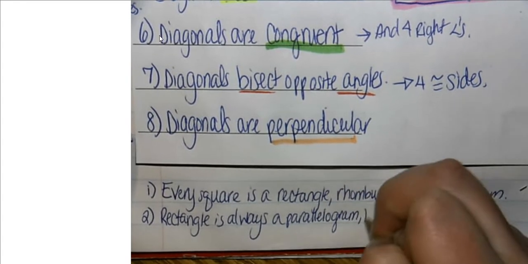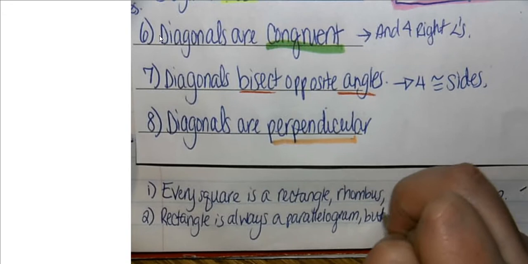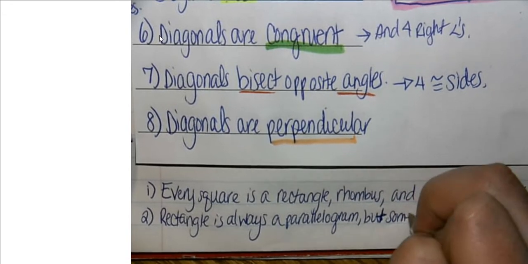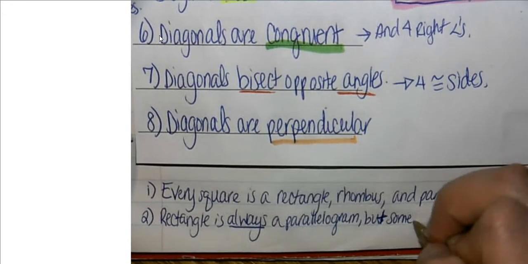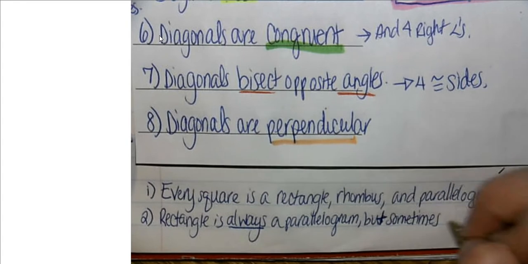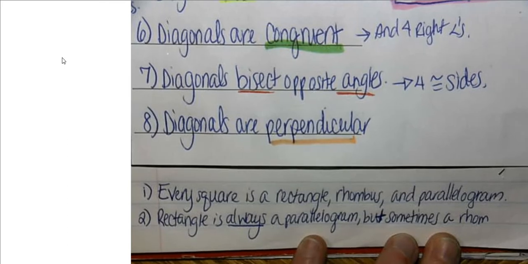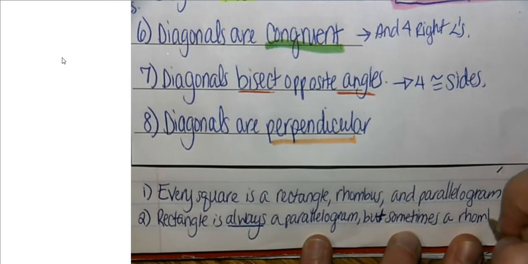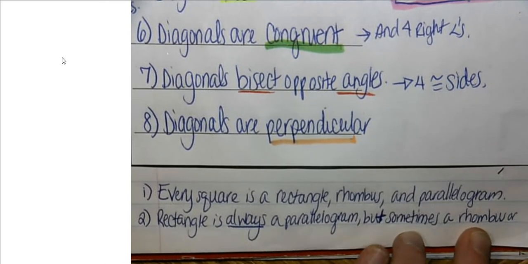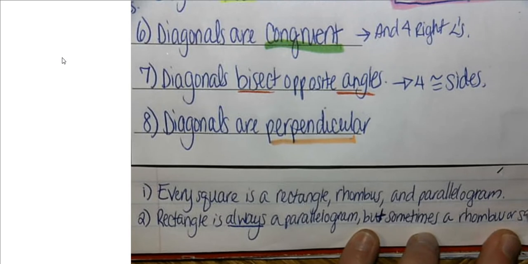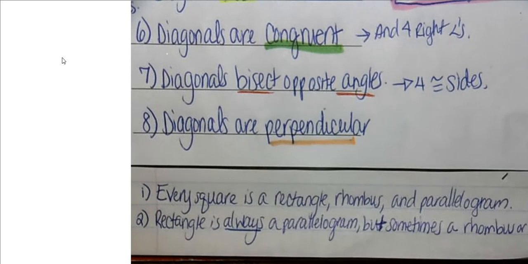But sometimes it is a rhombus or square. So it is sometimes. So think about it.